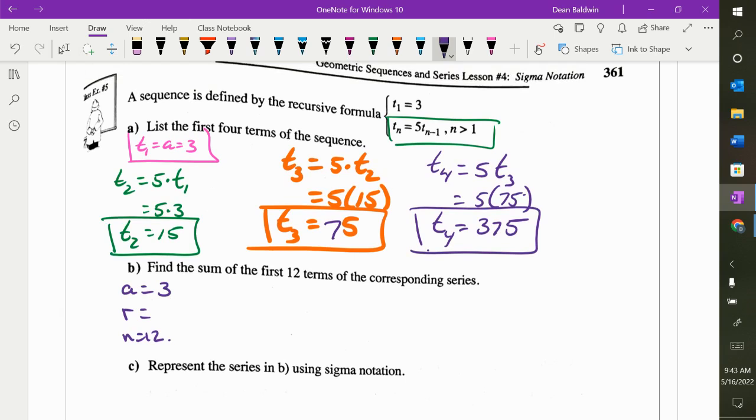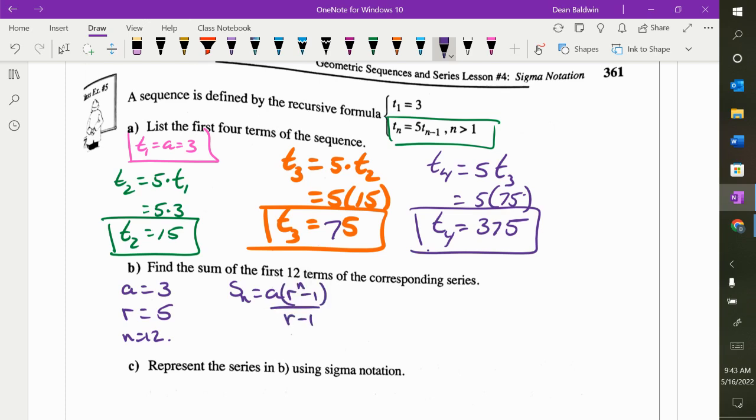Correct? R is equal to 5. N is equal to 12. Which formula are we going to use? The middle one, of the sum formulas up there. Sn equals A times R to the n minus 1 over R minus 1.